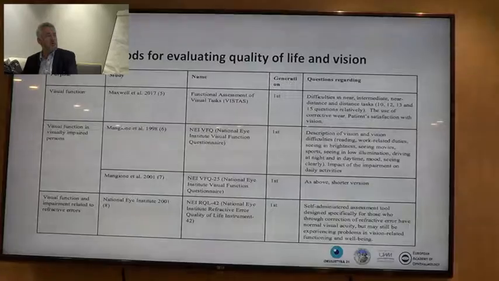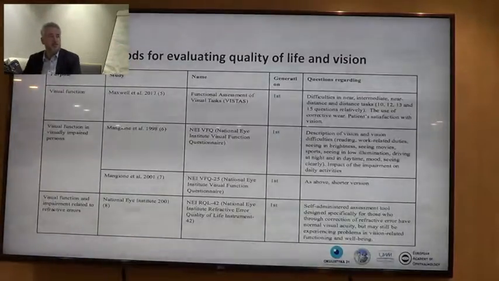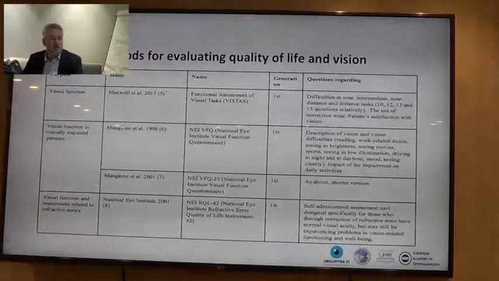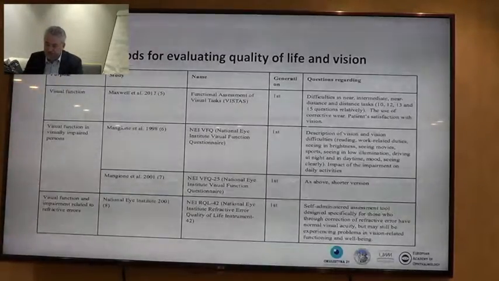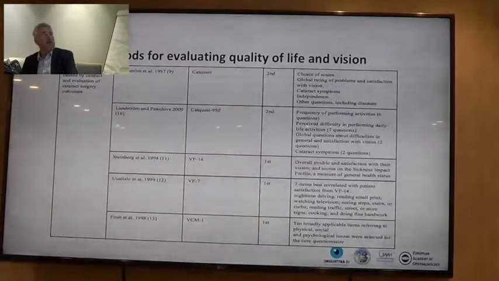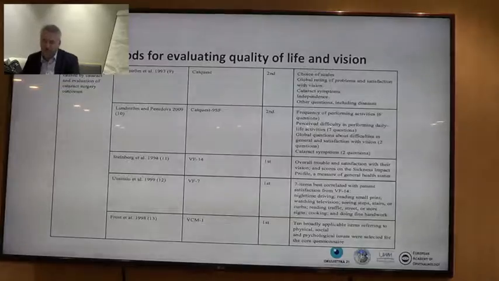Then questionnaires to evaluate visual function and impairment related to refractive errors. Another group of National Eye Institute questionnaires, the Refractive Error Quality of Life Instrument. Another group of tests prepared to evaluate visual impairment caused by cataract and evaluation of cataract surgery outcomes.